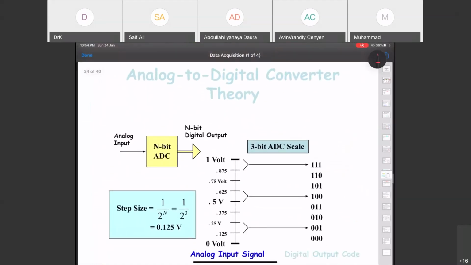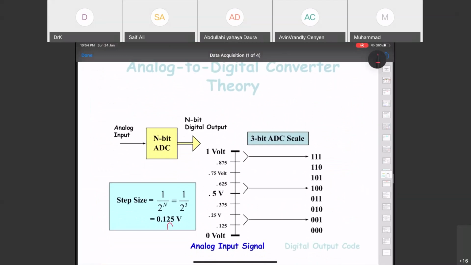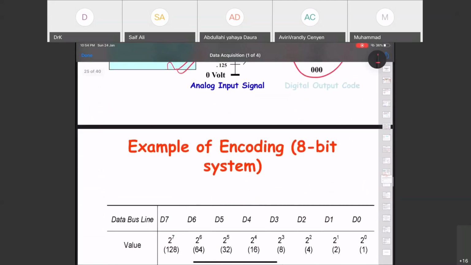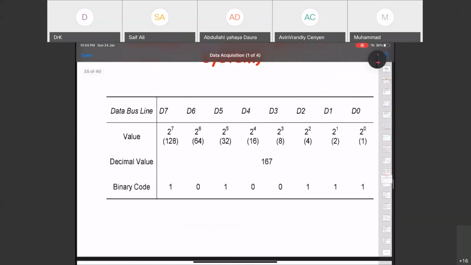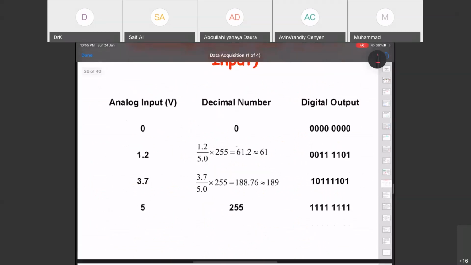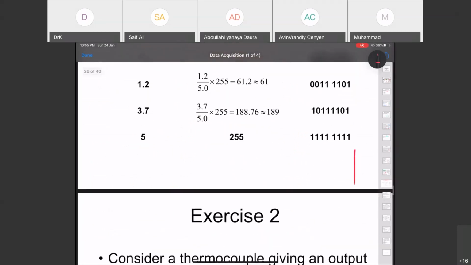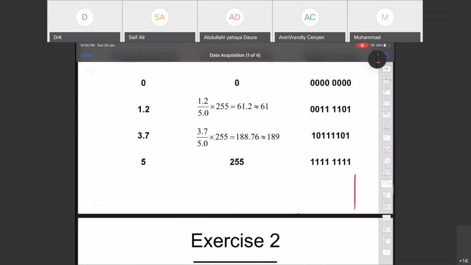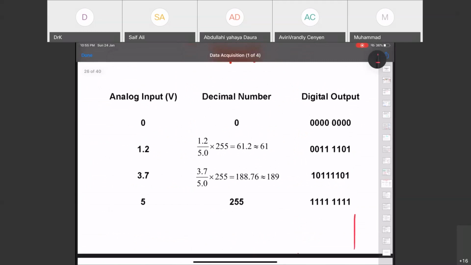I think we have covered this just now. So you know how this thing actually maps to the analog voltage. These are all just encoding. So you know how to do this, right? For example, this is just things that work in reverse.